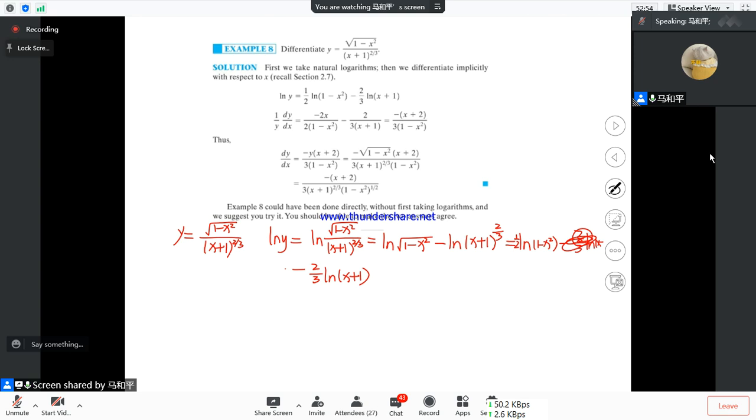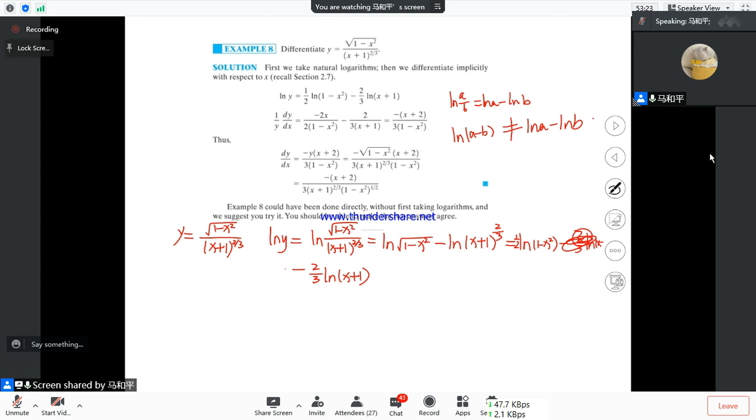And then, using the rule, ln of a over b is equal to ln a minus ln b. You can't write this as ln of a minus b. They are not equal, right? Just ln of a over b is equal to ln a minus ln b. But ln of a minus b is not equal to ln a minus ln b.